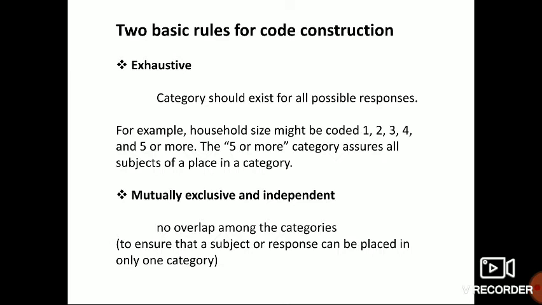Second one, the mutually exclusive and independent rule. It means during the coding process there should not be any overlapping in the categories. That means any category you specified should not repeat once again.